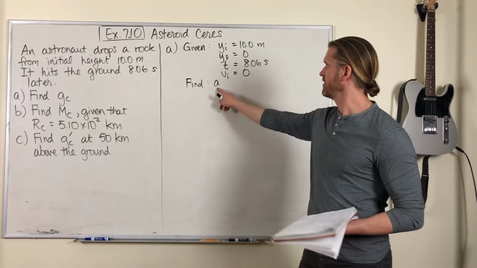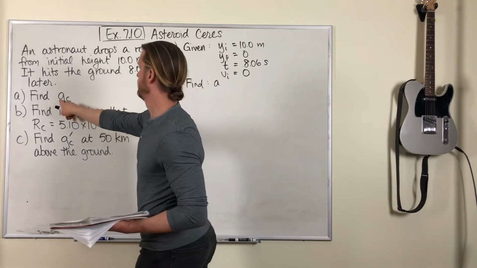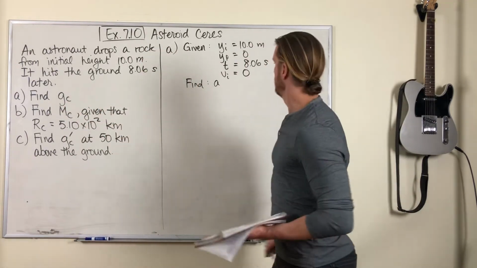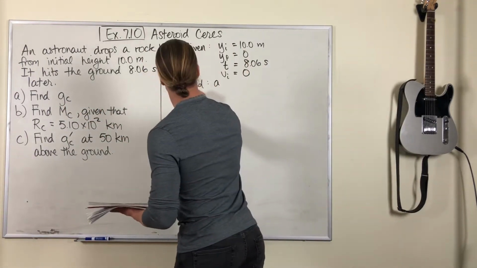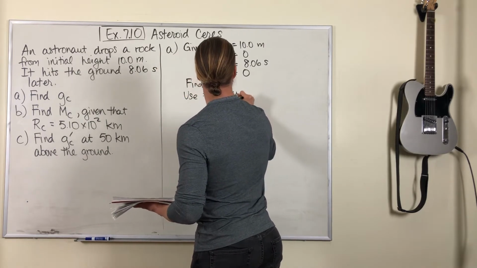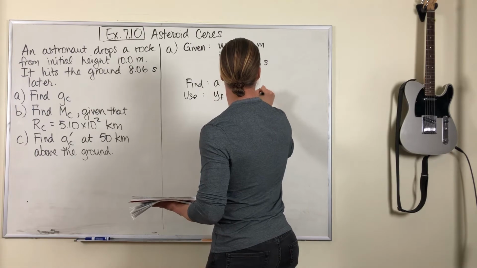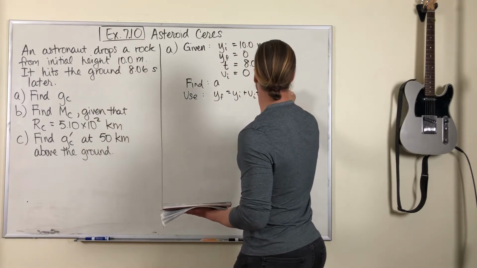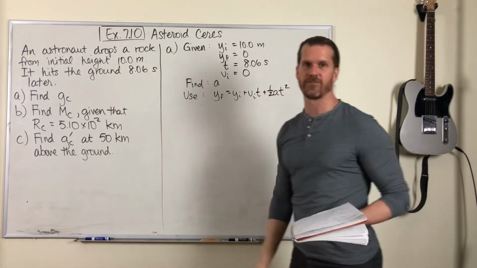I'm kind of using this interchangeably with this. So we'll use y final equals y initial plus v initial t plus 1/2 a t squared, our favorite kinematic equation.